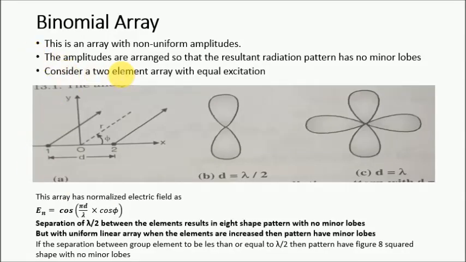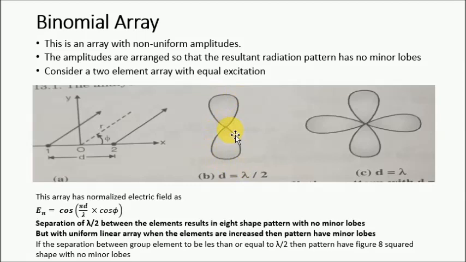Binomial array. This is an array with non-uniform amplitudes. The amplitudes are arranged so that the resultant radiation pattern has no minor lobes. Consider two elements with equal excitation. If the distance is lambda by 2, it has a figure-8 shaped radiation pattern.